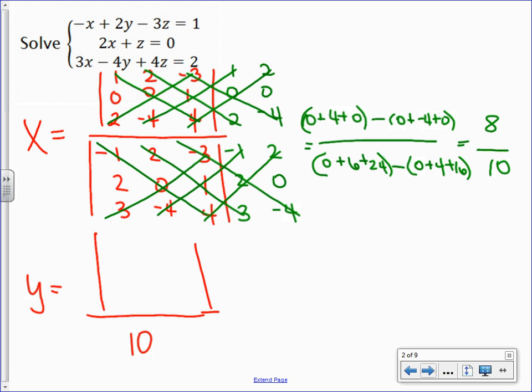In our numerator, we have the coefficient matrix, except what's going to be different? The y column is going to change to the 1, 0, 2. Our x's are going to stay as -1, 2, 3. Our z's are going to stay as -3, 1, 4.